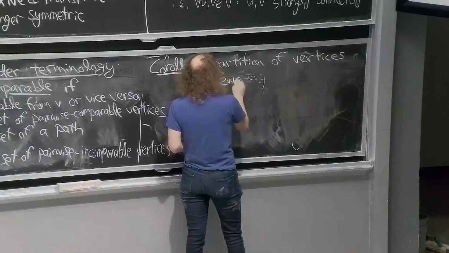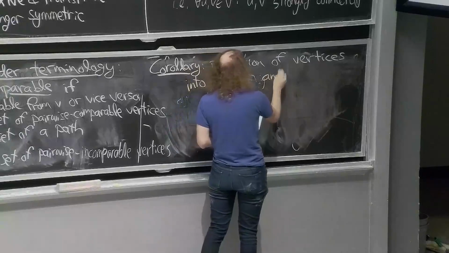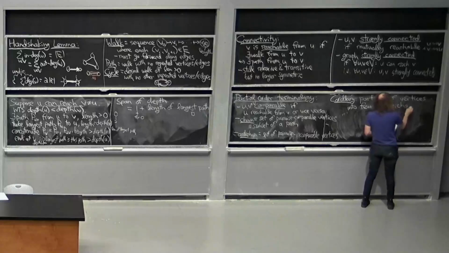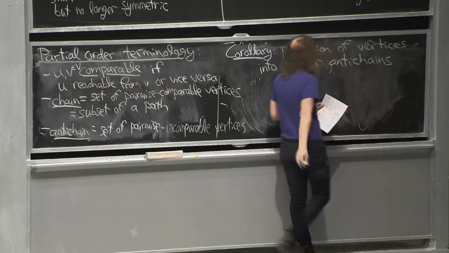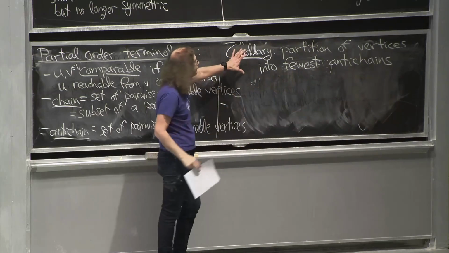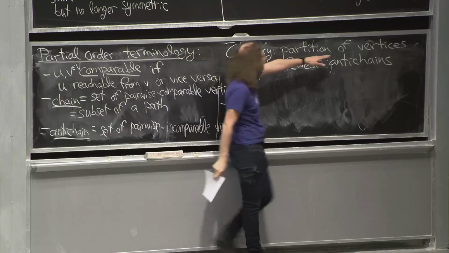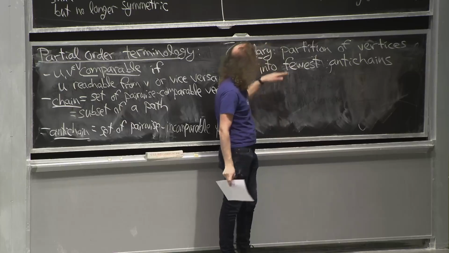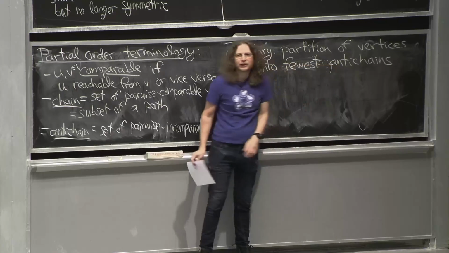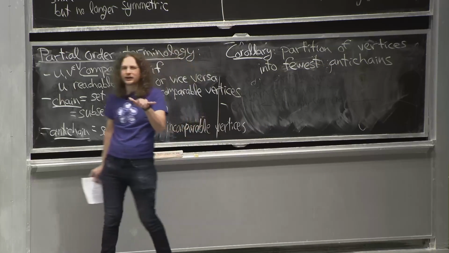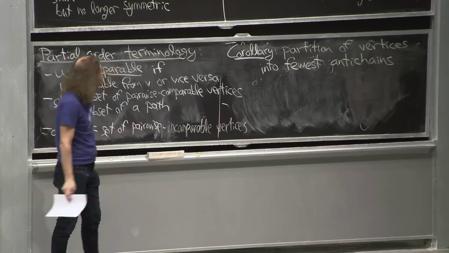Fewest. Another way to look at a schedule is it's partitioning the vertices. The vertices are all the tasks I have to do, and into the fewest number of antichains. An antichain is a set of vertices I can do at the same time.